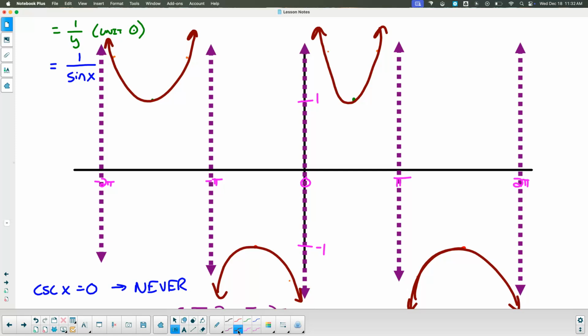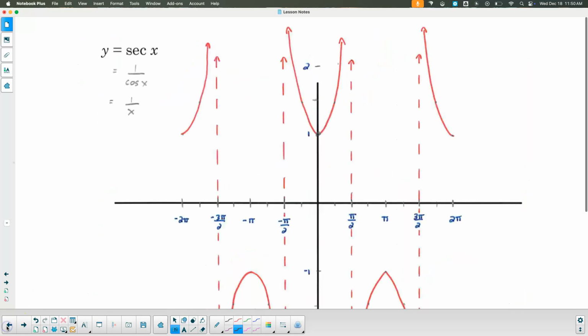Your job for the remaining time is to graph me cotangent and secant. Okay? Cotangent and secant. So here is secant. As Krug alluded to before, if you know how to graph sine and cosine, it's super easy.